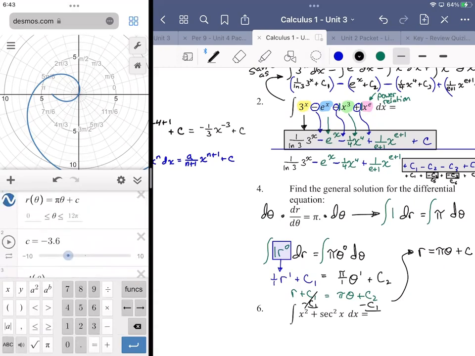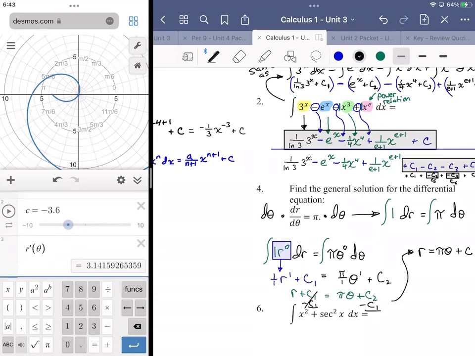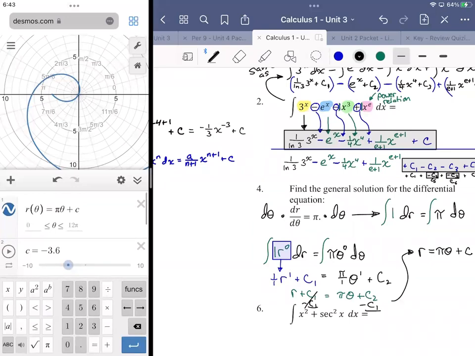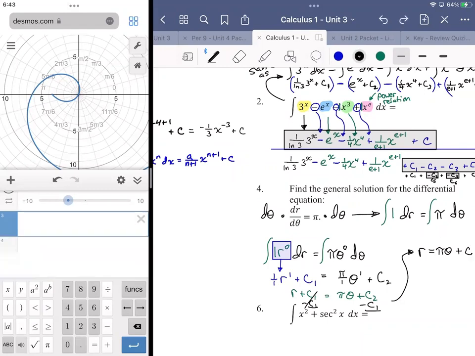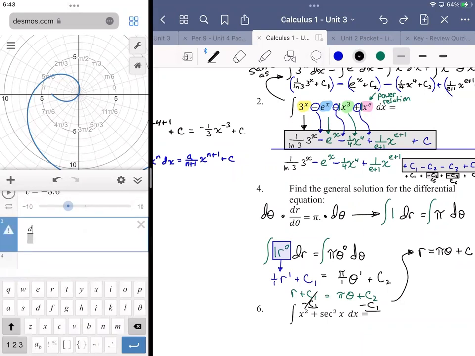So it's giving us a result that's just pi. The derivative value at theta is just given a result of pi. So basically, long story short, Desmos will graph the function for you, but it has a hard time with the derivative. You try dr d theta.